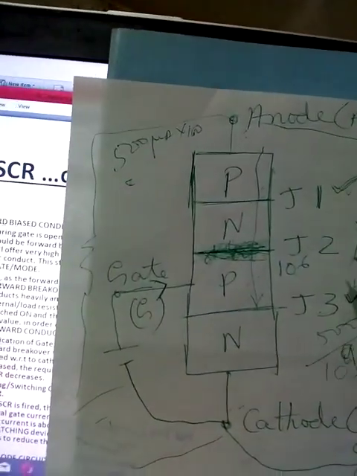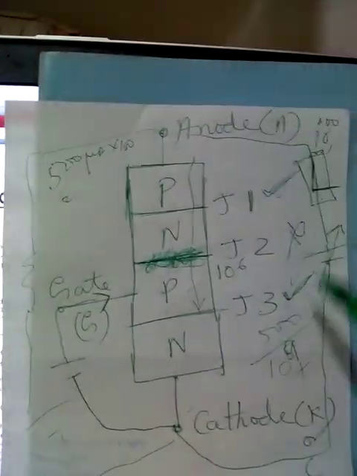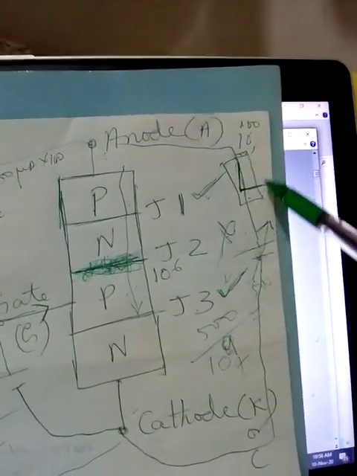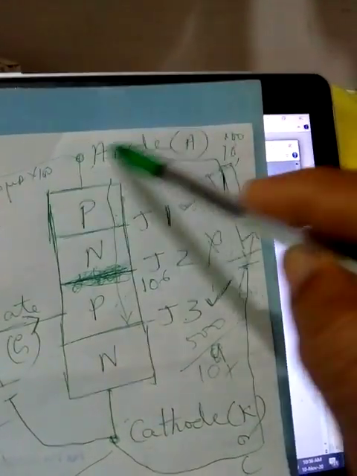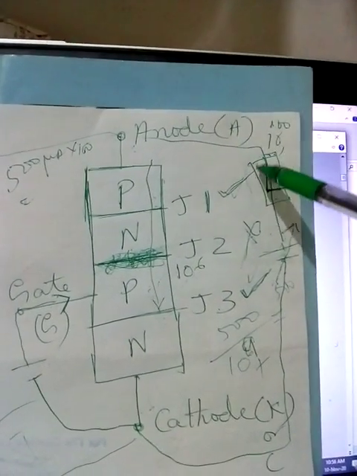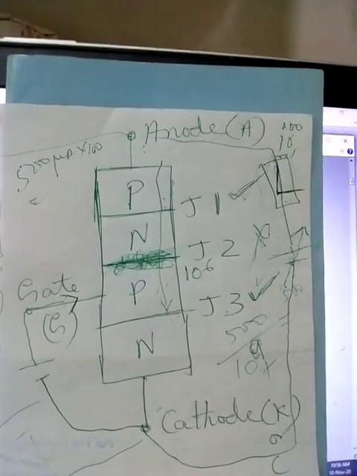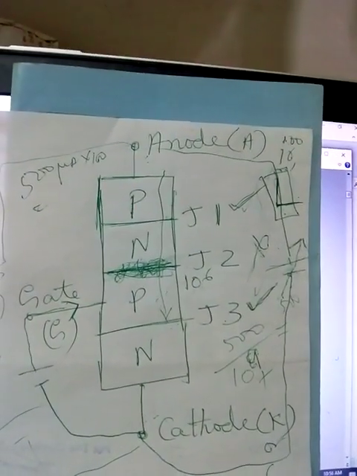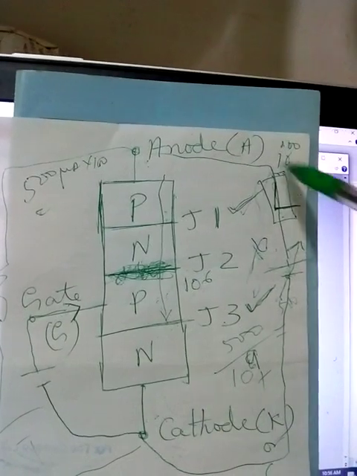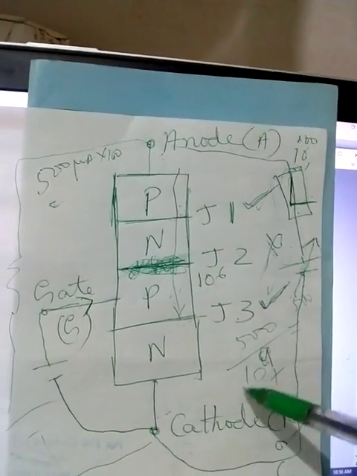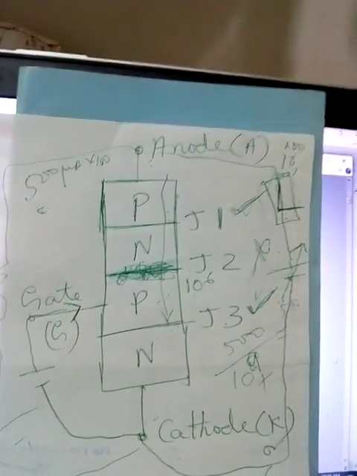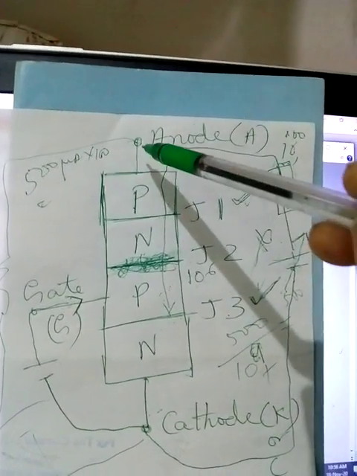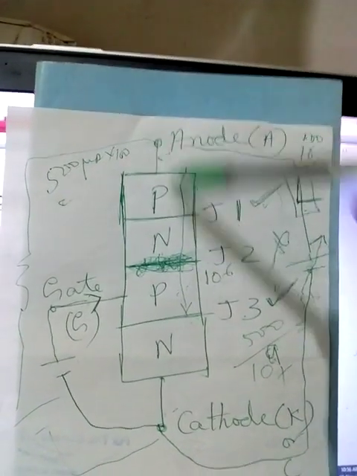So once the SCR conducts, then the current has to be limited by the external resistance or load resistance. This is called external resistance because that is external to the SCR. External resistance means circuit resistance. In the circuit, whatever resistance is there, that is the resistance. Internal means the internal resistance between anode and cathode.